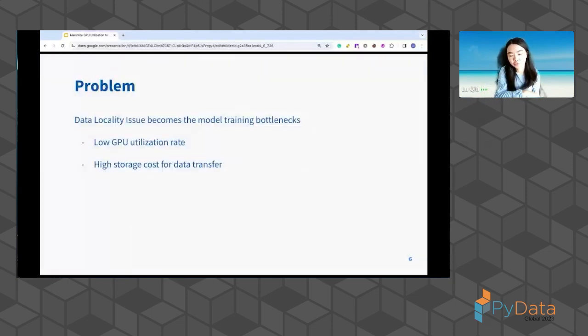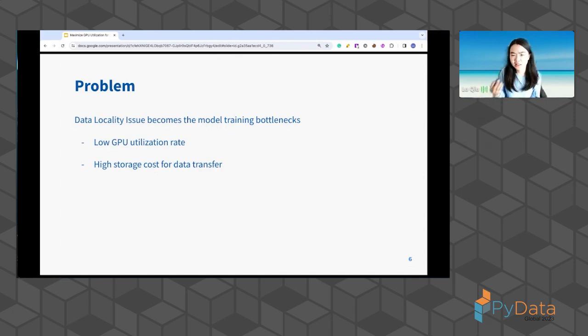So first comes the problem. From many of the model training jobs, we actually found that data locality becomes the issue, especially when those training jobs need to get a really huge data set in their storage system ready in their training system.